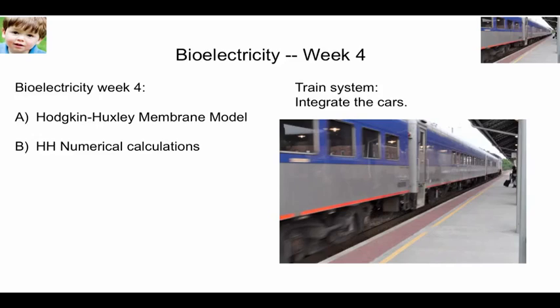So in that sense, it is an experimental model. However, they went further, and they represented their findings and explained the model in mathematical terms. So the Hodgkin-Huxley membrane model is very strongly based experimentally, but it also is a mathematical and a conceptual model, and we want to see it from all its different dimensions.